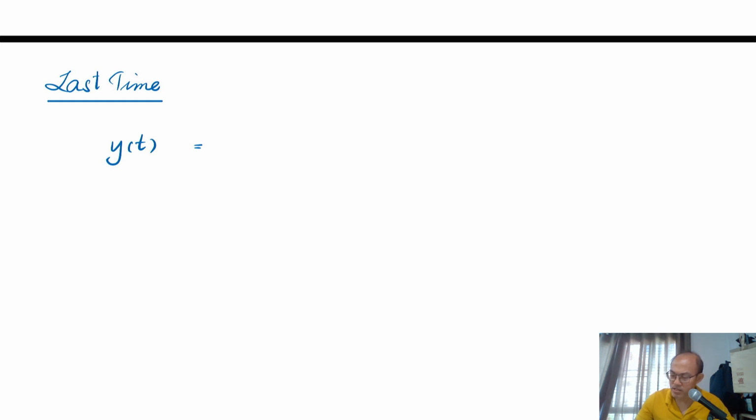So let's say we have a signal x and we are transforming the time domain such that in the parentheses it becomes at minus b. Okay, suppose we know the graph of x. How do we plot the graph of y?